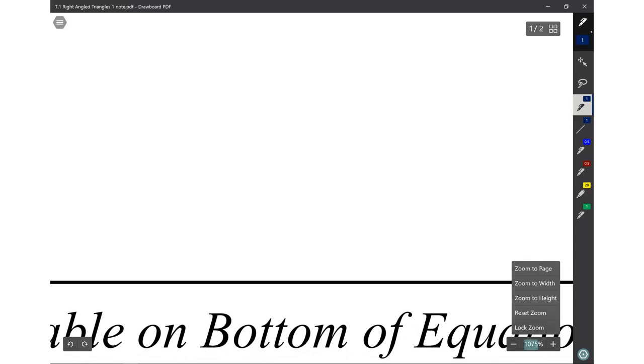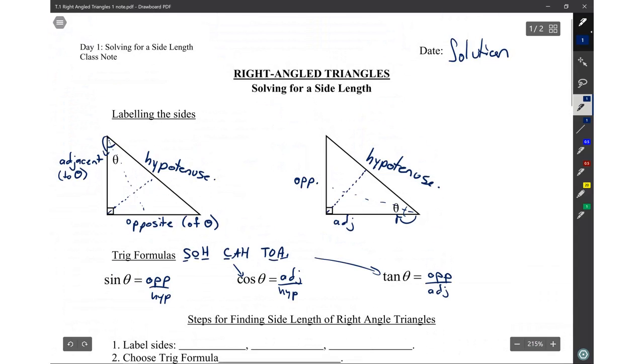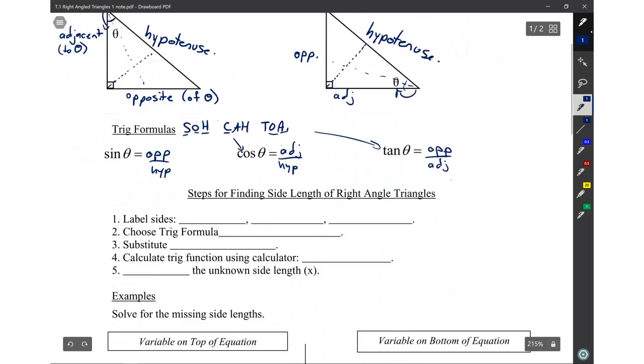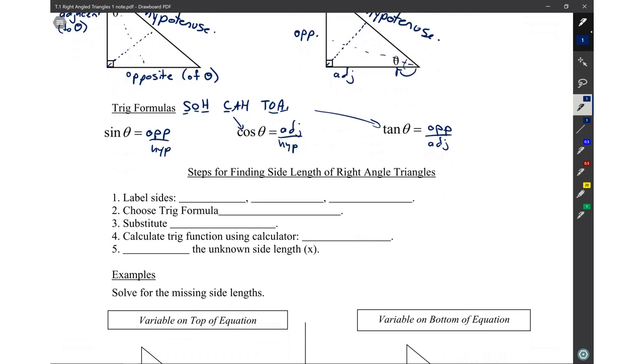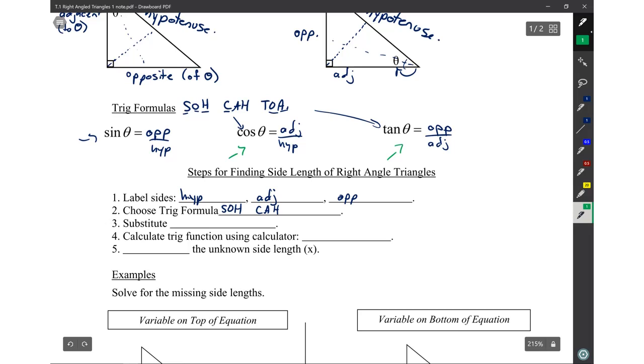Now, when we're finding the side length of these right angle triangles, the first thing we're going to do is label the sides: hypotenuse, adjacent, and opposite. Then we're going to choose our trig formula, which will be one of these three: our sine theta, our cos theta, or our tan theta.